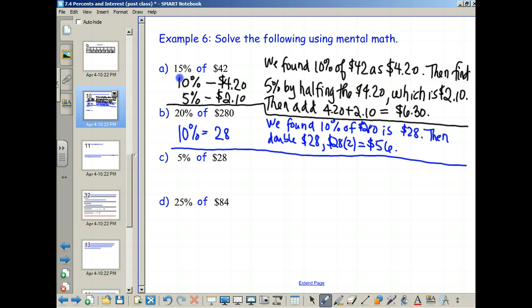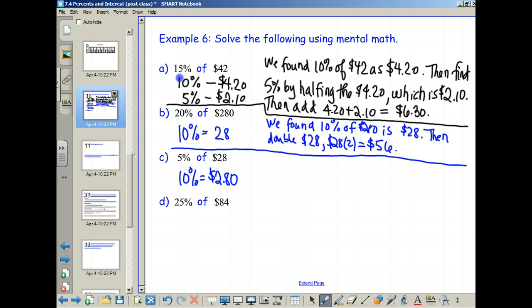Or maybe you've got something worked out that you need 5% of the number in some other context. Okay, so how could you do 5%? You kind of already did it, right? You would find 10% and then cut it in half, right? So what is 10% of $28? This would actually be $2.80, right?